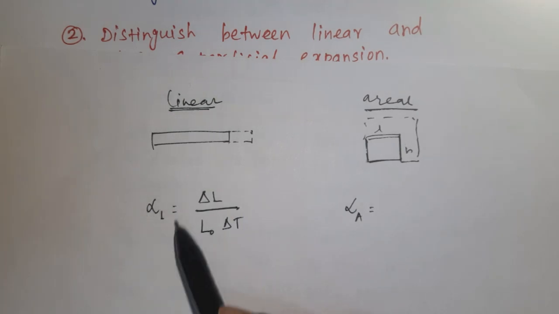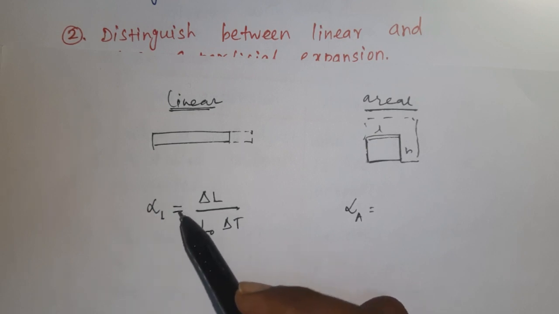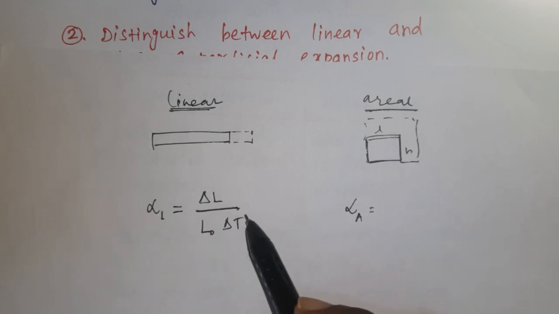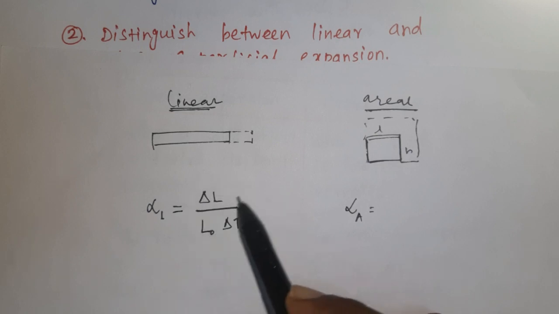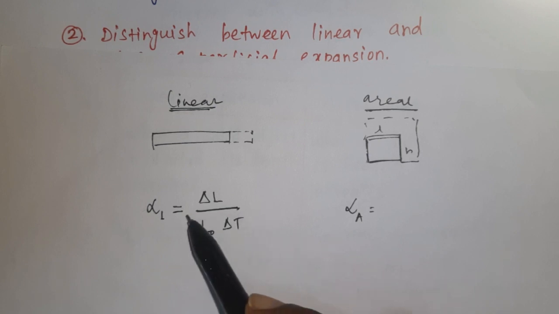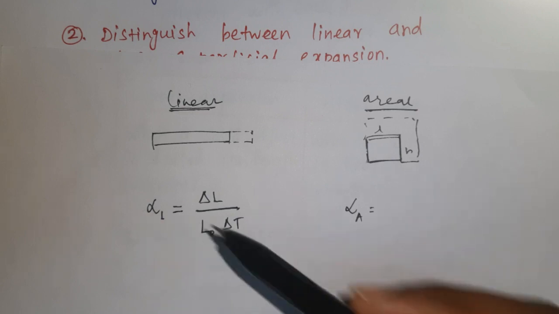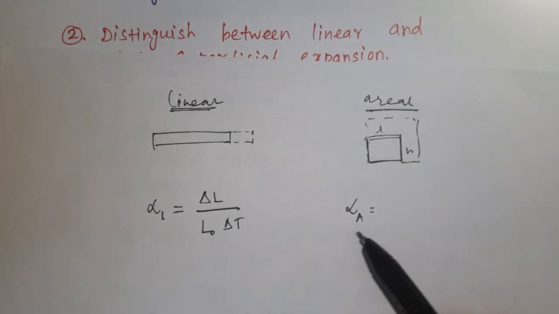The coefficient of linear expansion is defined as the ratio of increase in length of the body per degree rise in temperature. The del T value is 1 degree Celsius. So per degree rise in temperature to its unit length, that is known as the coefficient of linear expansion. Areal expansion is very easy.